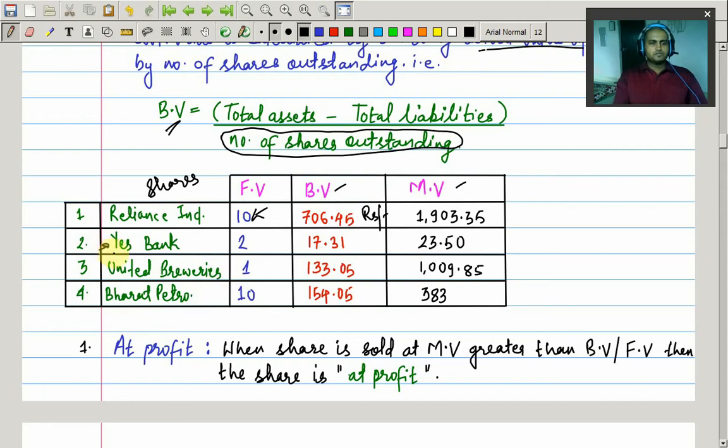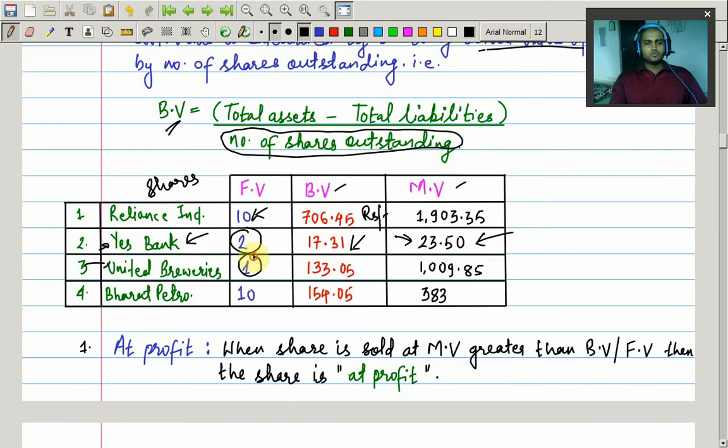Yes Bank, what happens to Yes Bank? The face value is rupees 2, book value is 17 rupees, and the market value is 23 rupees 50 paisa. That's very less. We all know why, what happened to Yes Bank recently. And what about United Breweries, the Vijay Mallya company?